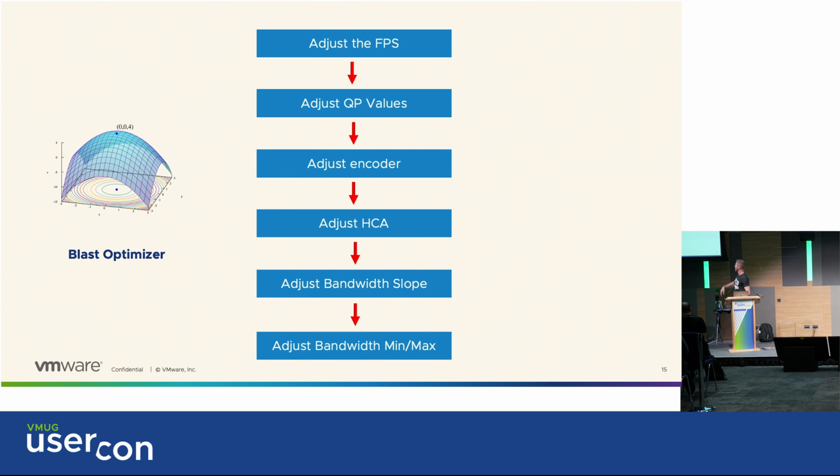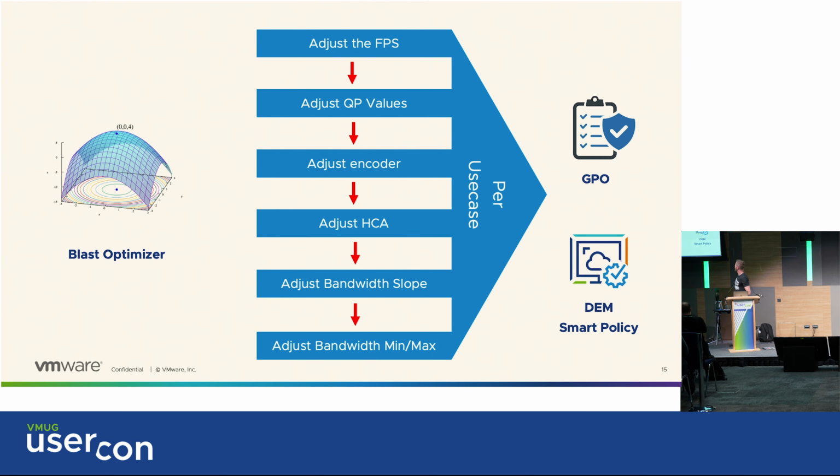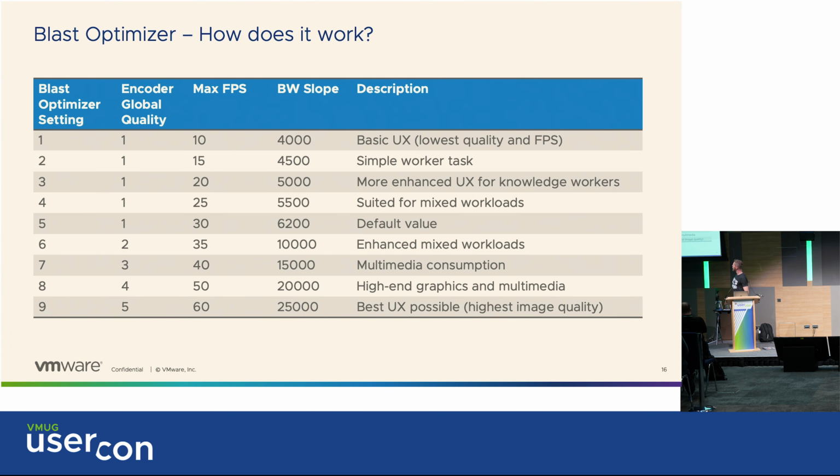And all in all, I'm probably going to repeat that for every single use case, and then record it in a GPO or a smart policy. This has been a lot of my work in the last couple of years. What you can now do is just use the Blast Optimizer to select a single value, and it automatically adjusts all of these values for you. So this is not documented online.